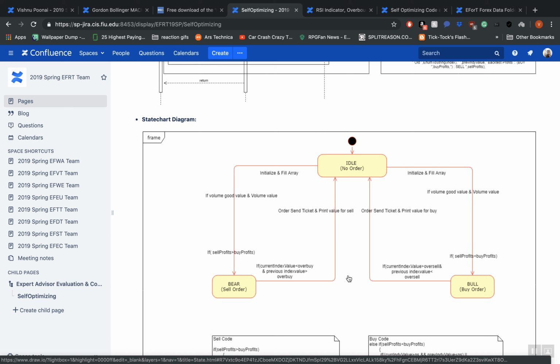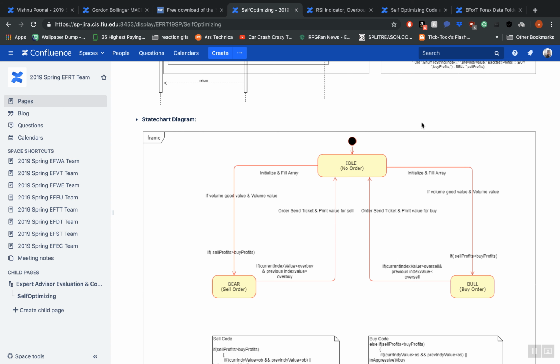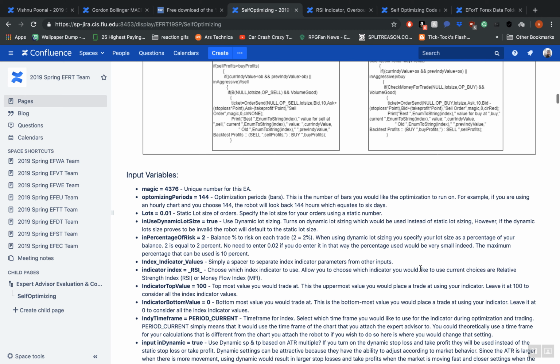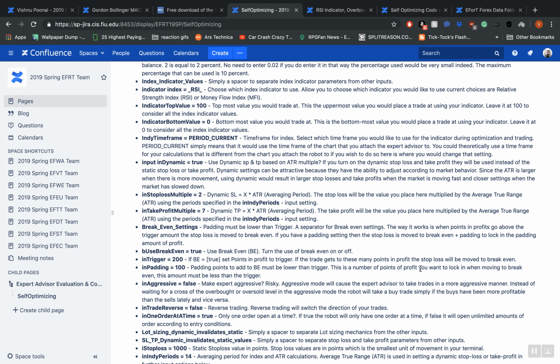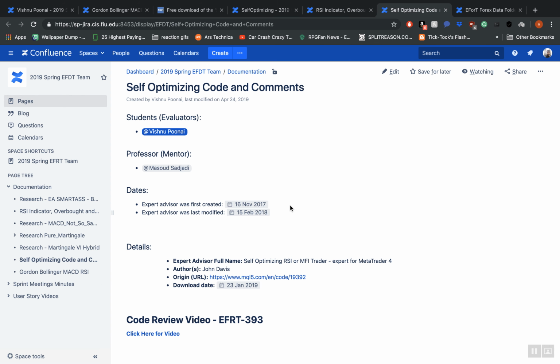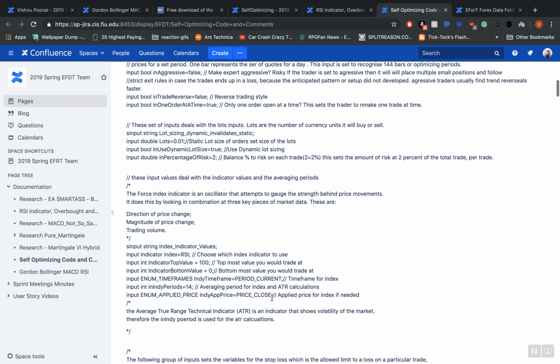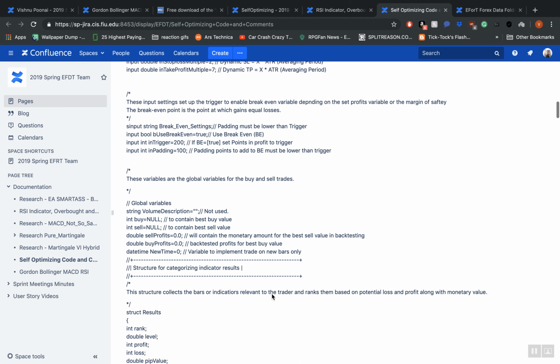The state diagram helps to give a general overview of the buy order and sell order loops that it has to work with. When you finish with the optimization and have a feeling of how it works, I recommend my third Confluence page, which I added just for the code of this EA, since it comes out to a lot of code.